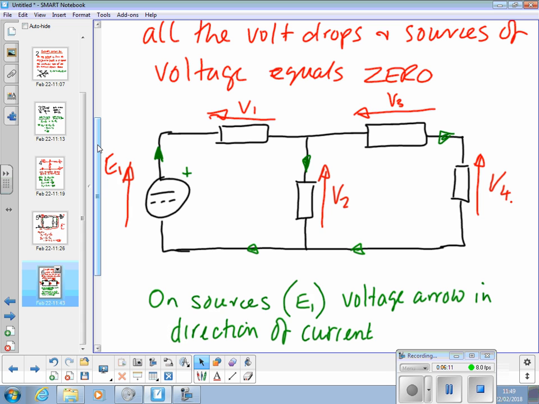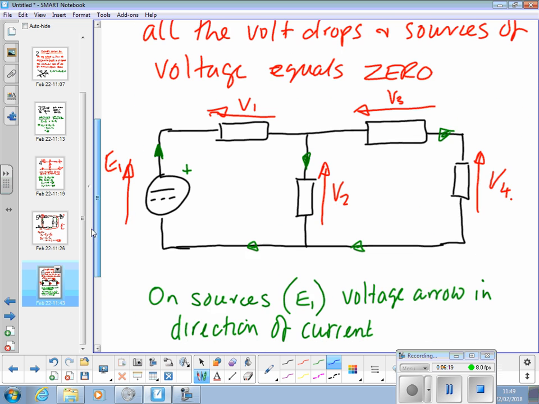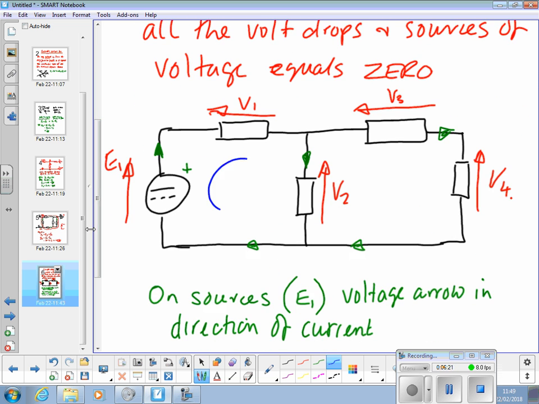In this circuit, remember the statement said, in any loop at any instant in time. So we've got one loop there.